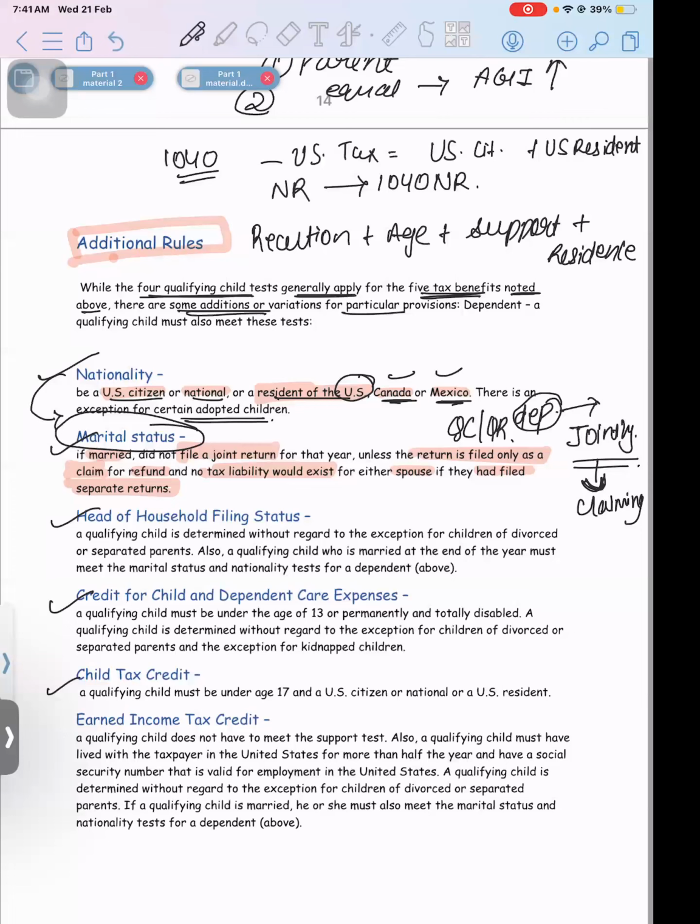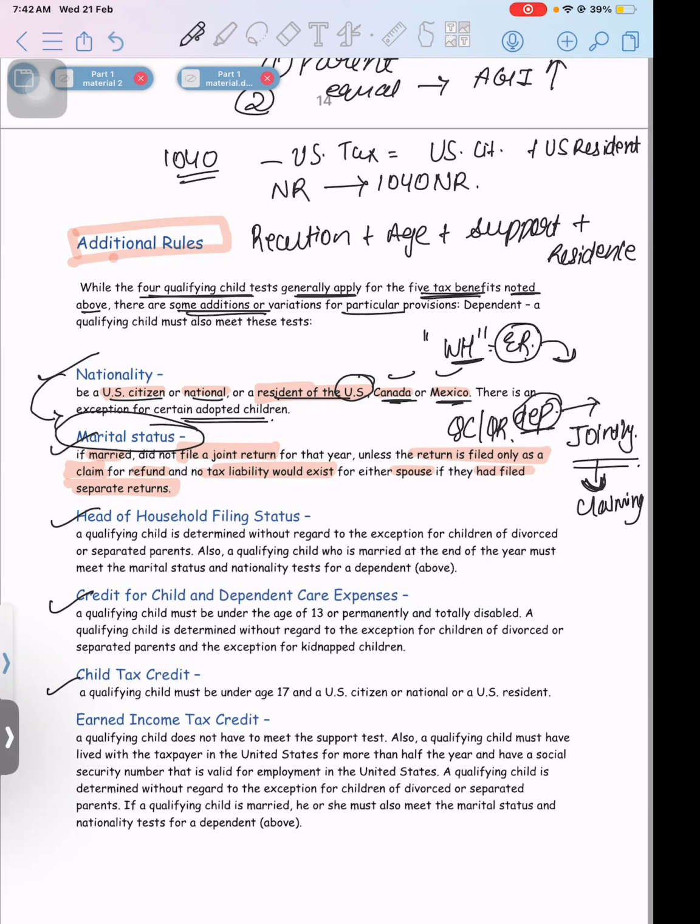Okay, what are withholding taxes? Let's say you are doing a job, you are earning wages or some income. On that, withholding taxes are deducted by the employer. Now these taxes are refundable when you file the return, or adjusted against your current tax liability. So how will this dependent claim the refund?